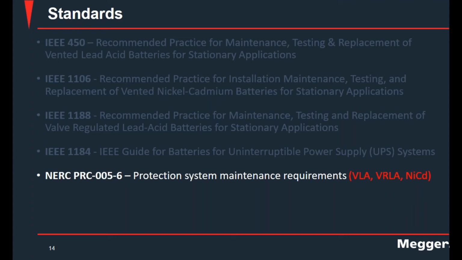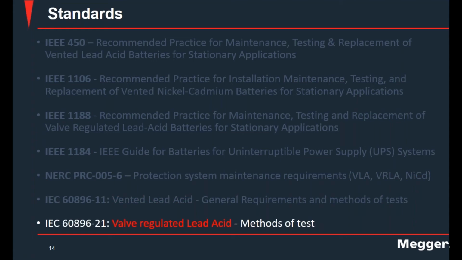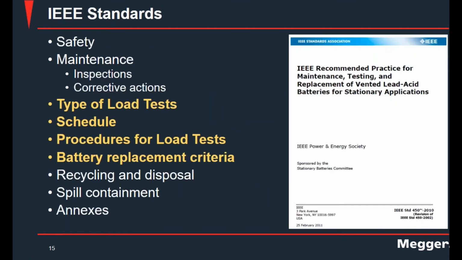And well, just as there are the IEEE standards, in the IEC world we have two more standards, one for vented lead acid and one for valve regulated, and there's also one more for nickel cadmium. So the IEEE documents are divided into different sections. Mainly they cover safety, maintenance, inspections, and corrective actions.